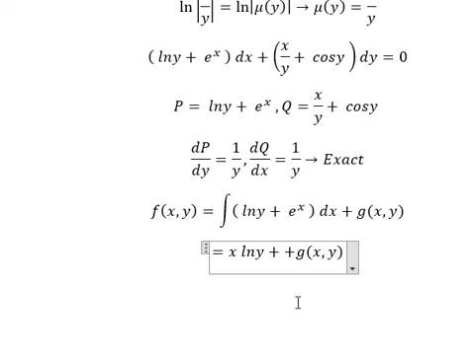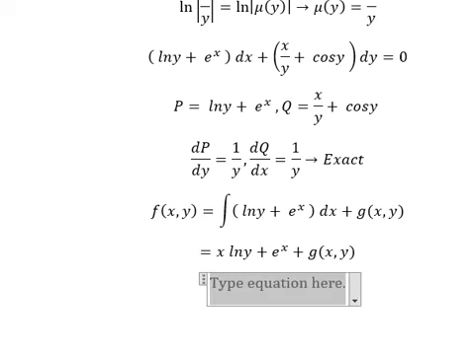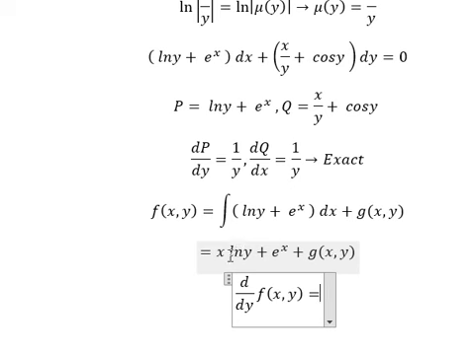This one we keep the same. Later that we need to do first the derivative of f with respect to y. This one we have 1 over y, so we have x over y.